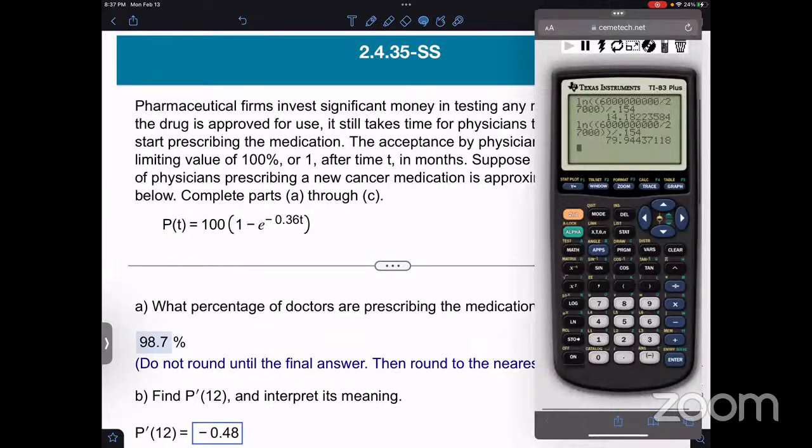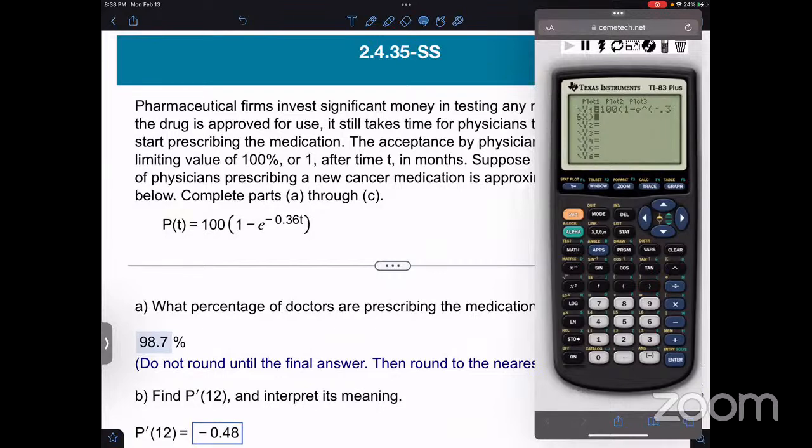Okay. So what I'm going to do, I'm going to go to my y equals and type in this function. 100 parentheses 1 minus e, which is here, second log, 1 minus e to the power of negative 0.36x. Okay, close off my exponent and close out the other set of parentheses.